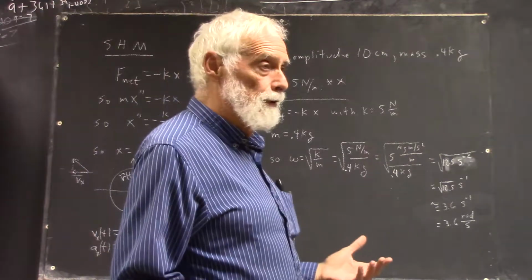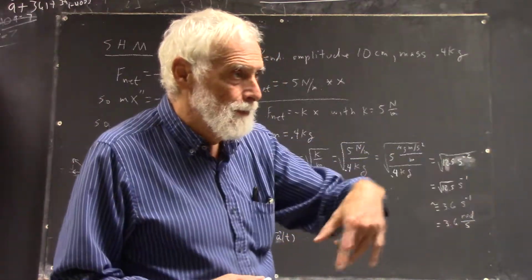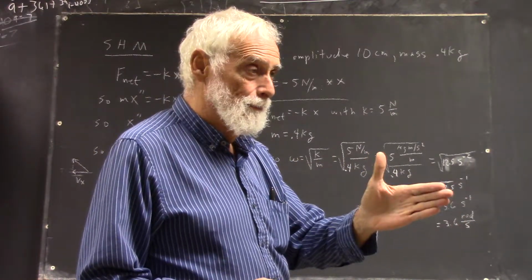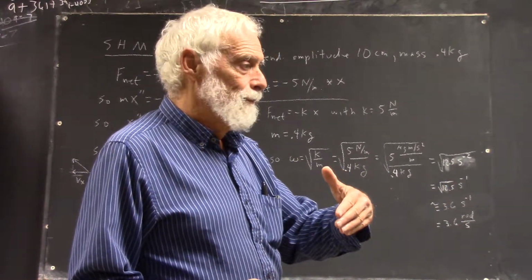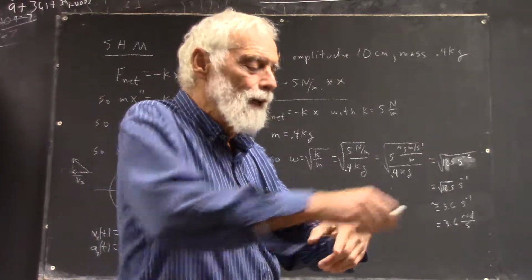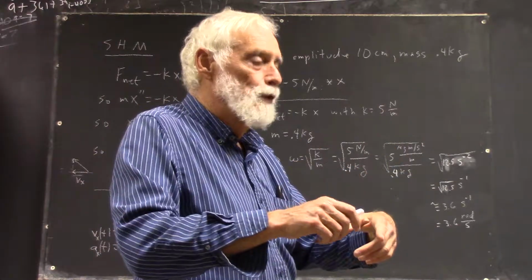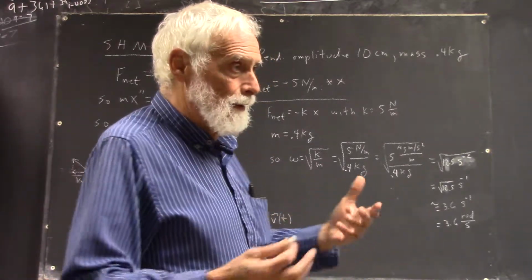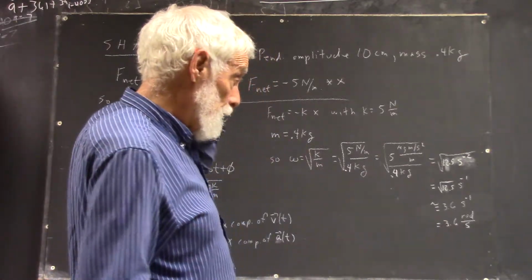How big is 3.6 radians? We looked last week at a rotating thing, and we saw the radians. We know that pi radians is half a rotation, and 2 pi radians is a whole rotation. We understand radians, I hope, so all that is pretty natural.